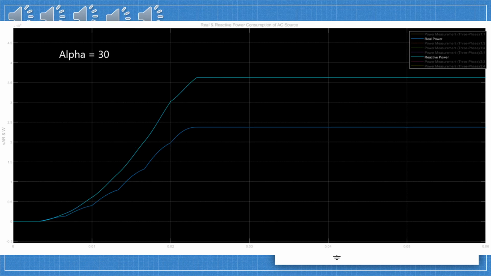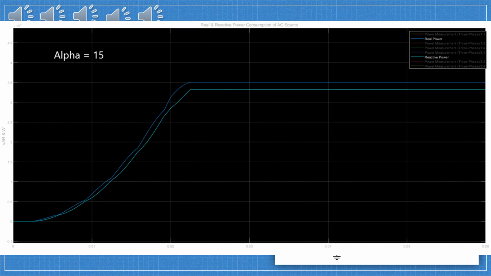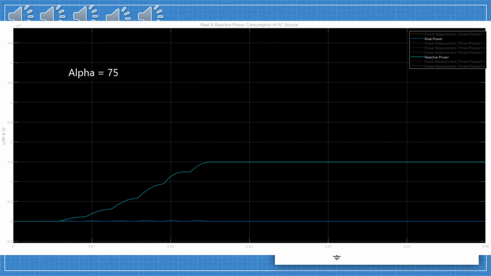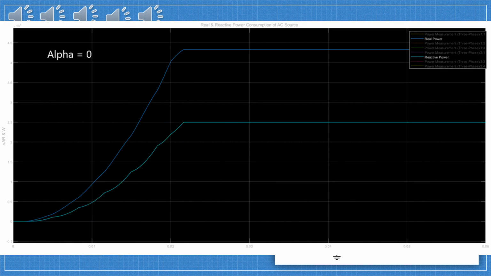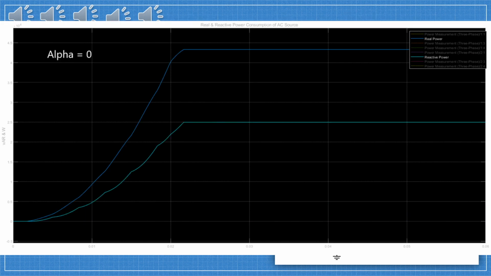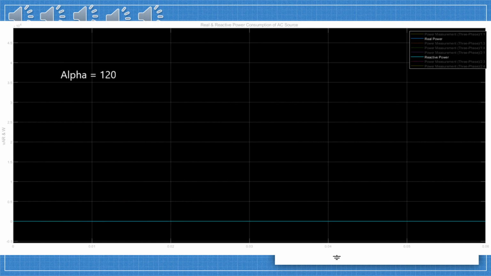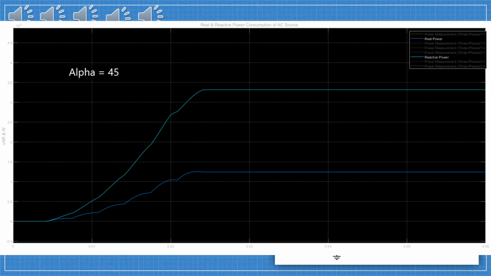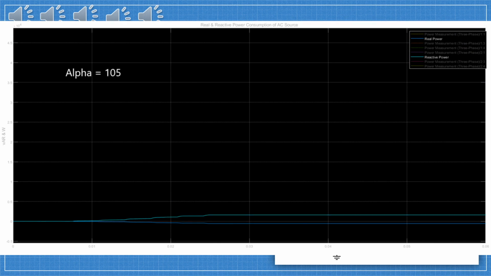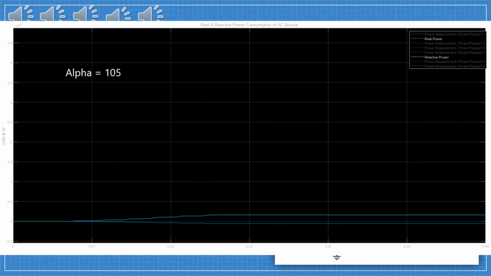The animation also shows us how, as we increase the firing angle, the reactive power consumption increases, and this places a stress on the supply line, and as such, operating a motor using one quadrant control at lower voltages is undesirable and is more suited rather for constant speed applications. And lastly, it also doesn't offer any means of changing the motor's direction.